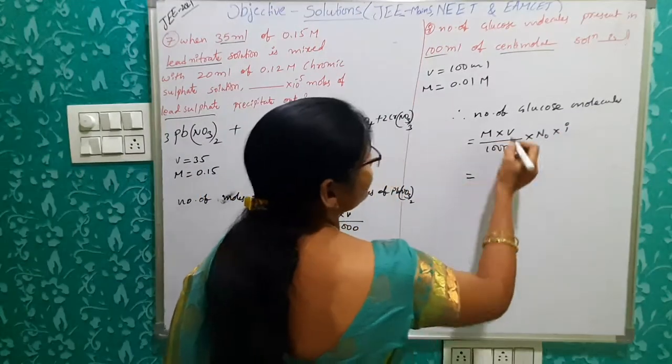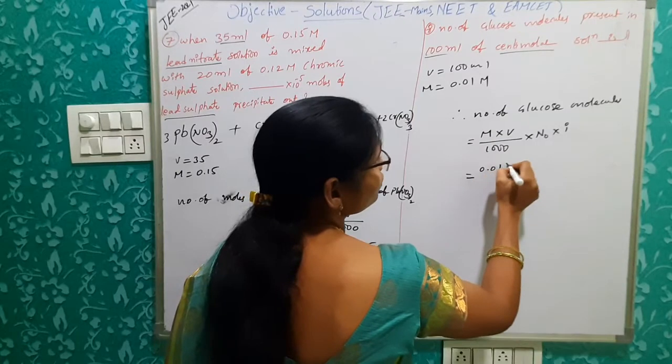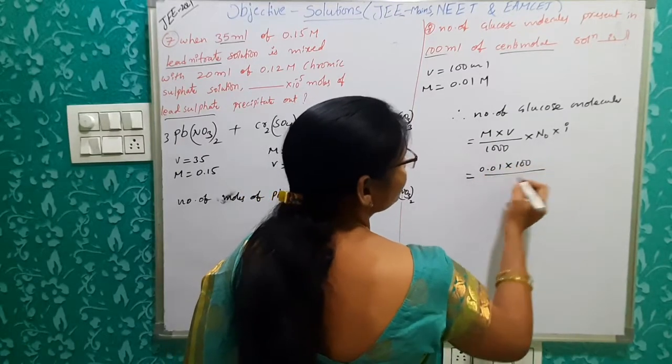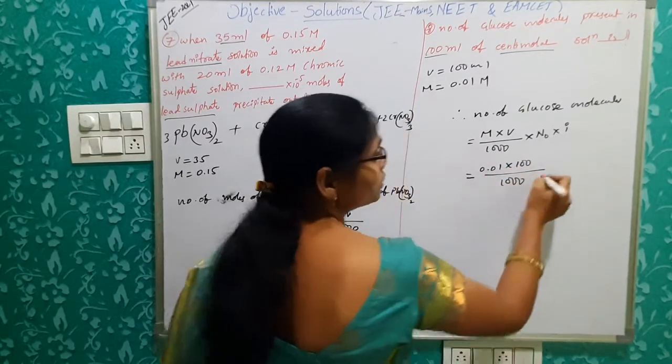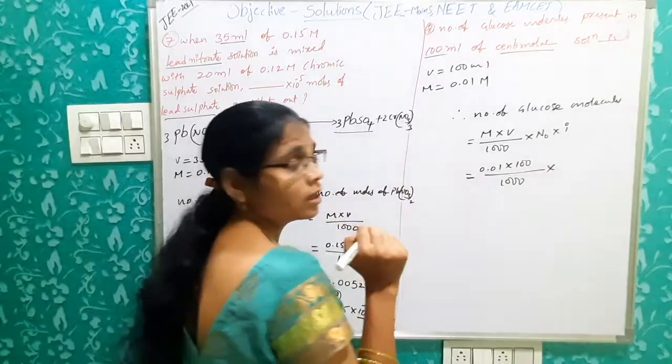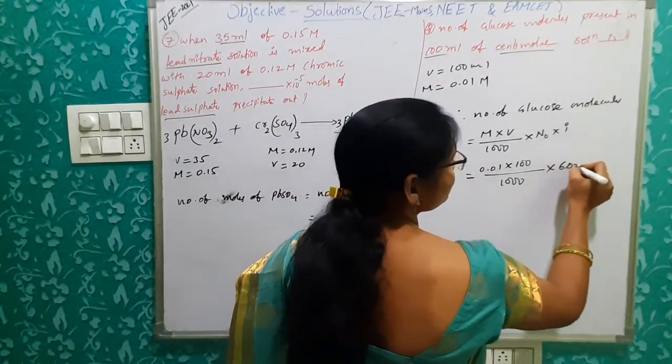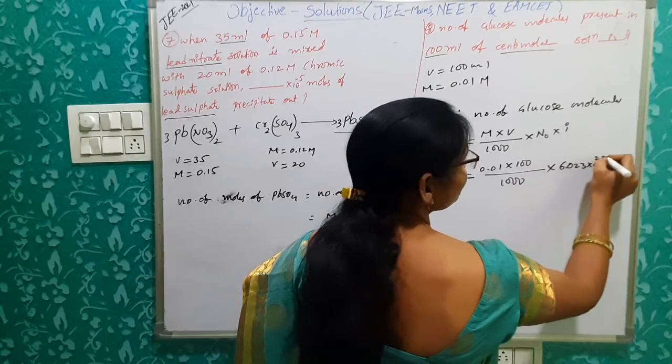So molarity is 0.01, volume is 100 by 1000 into Avogadro number, we know very well how much, 6.023 into 10 power 23.